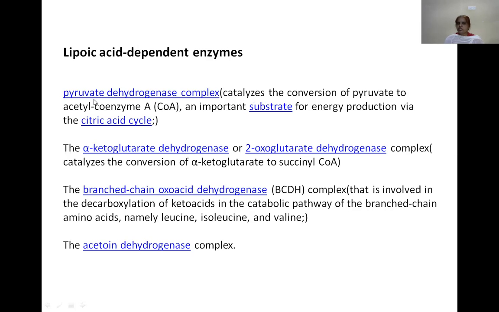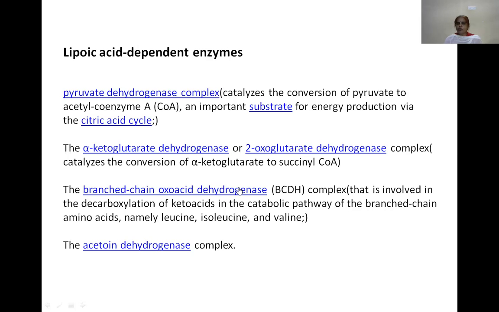For example, the pyruvate dehydrogenase complex catalyzes the conversion of pyruvate to acetyl CoA. Now the alpha ketoglutarate dehydrogenase catalyzes the conversion of alpha ketoglutarate to succinyl CoA with lipoic acid.